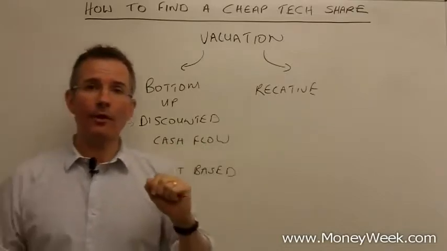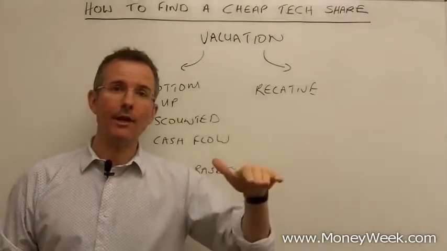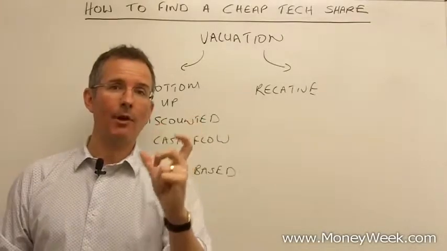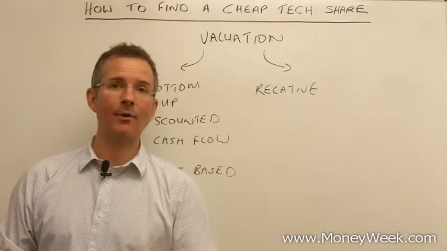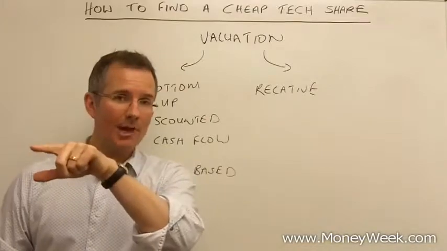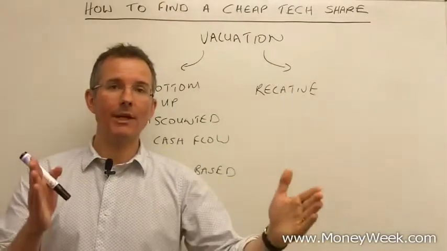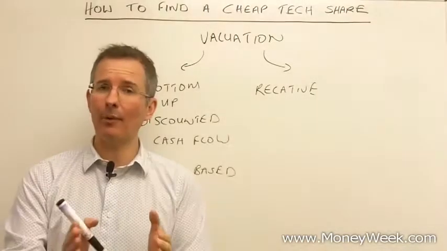It involves thinking over the next 20, 30 years what a company can earn. So you take revenue minus costs to give you an annual cash flow. Basically projecting out into the future 30 years worth of cash flow, and then you need to make sure that each year you're comparing apples with apples.